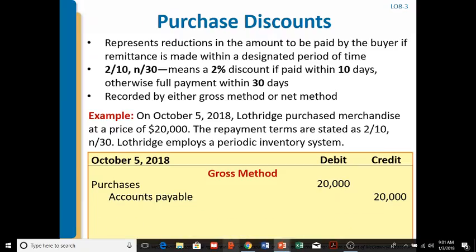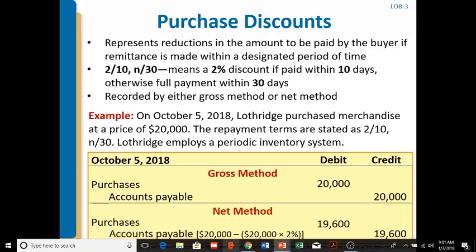We've already dealt with purchase discounts in prior chapters, where we had the gross method versus the net method. We dealt with this when we were dealing with accounts receivable, so it's the same concept.